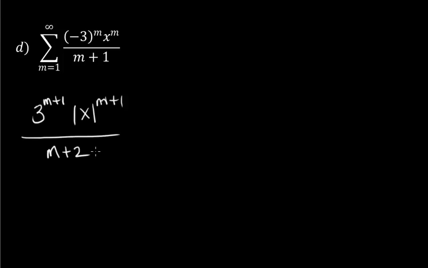Notice I only needed absolute value signs on the x. Now invert and multiply. m plus 1, we know that's positive, over the absolute value of minus 3 to the m, which is just 3 to the m, times the absolute value of x to the m.